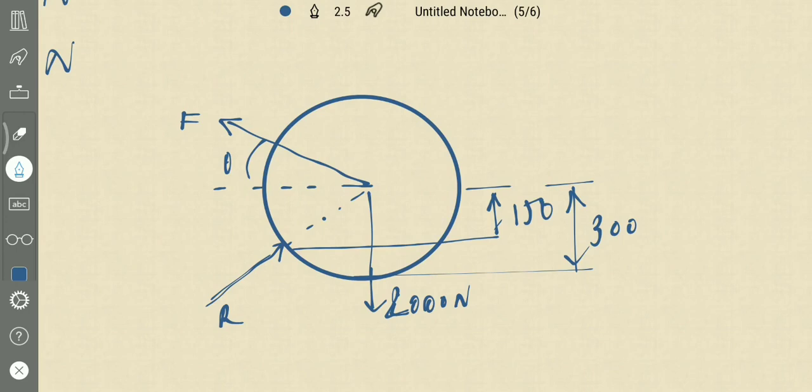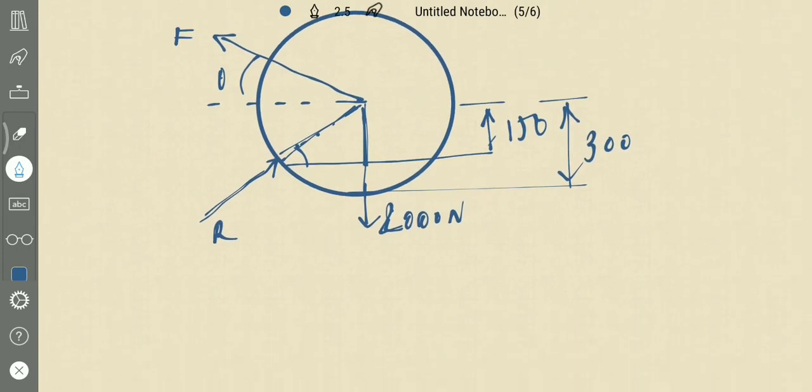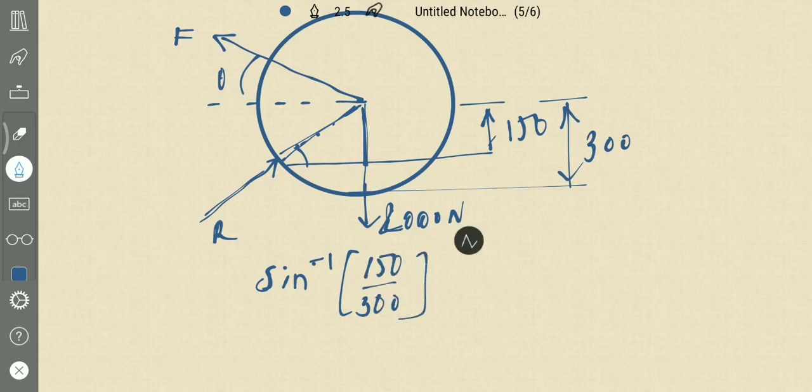So this angle will be, this is 150, this is 150, and this is 300. So 150 by 300, sine inverse of the opposite side, 150 divided by 300, which will be 1 by 2.